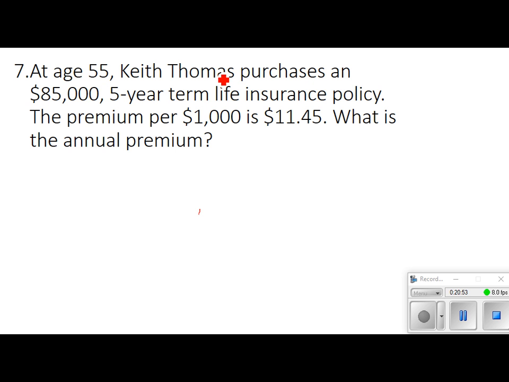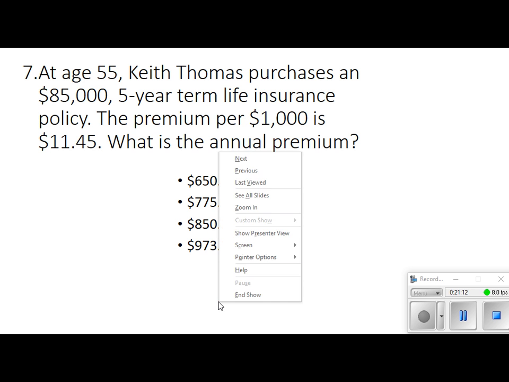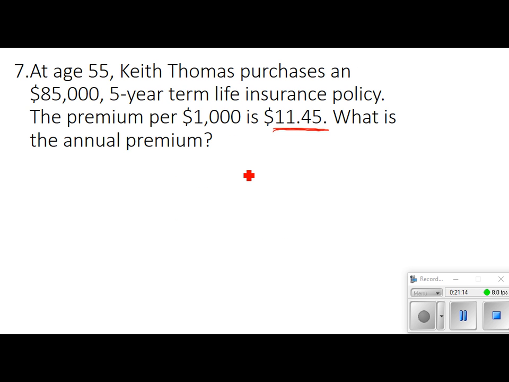At age 55, Keith Thomas purchases an $85,000 5-year term life insurance policy. The premium per $1,000 is $11.45. Again, this is the number that comes from the chart, so they've already done that part for us. What is the annual premium?